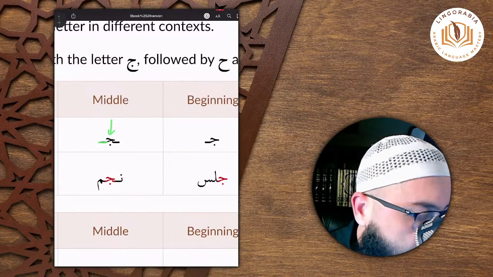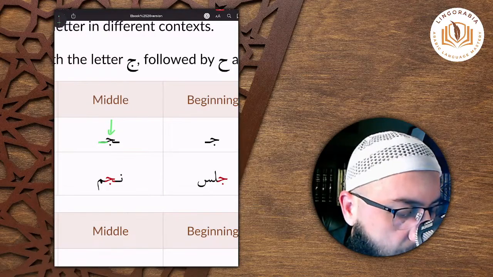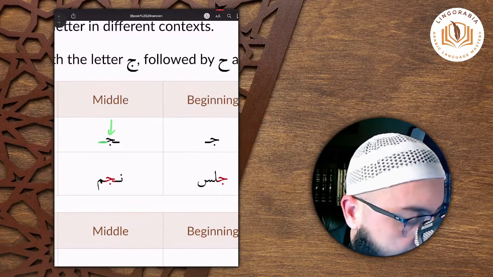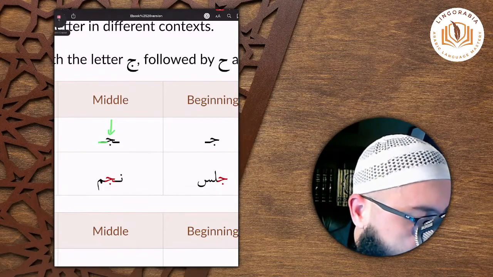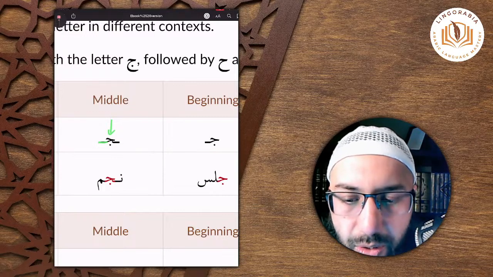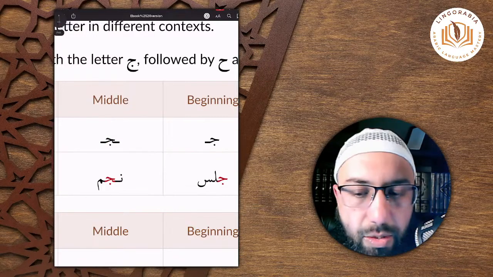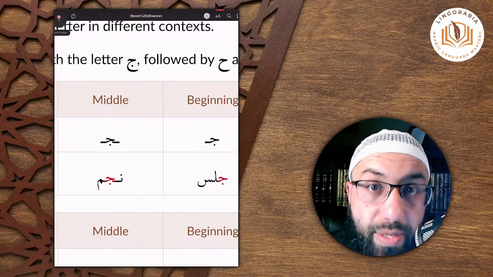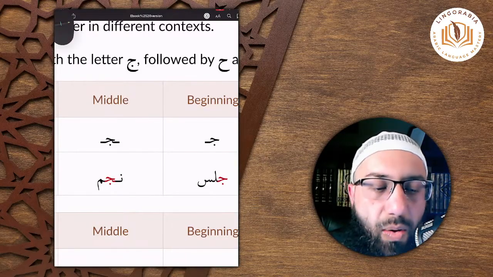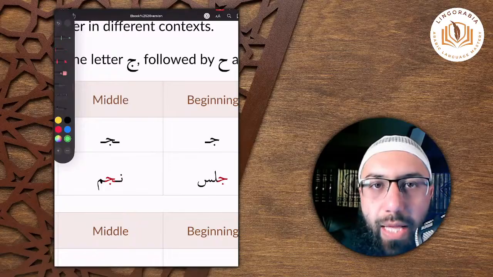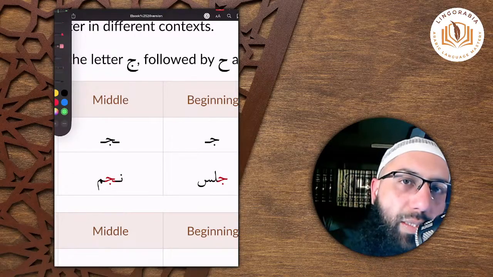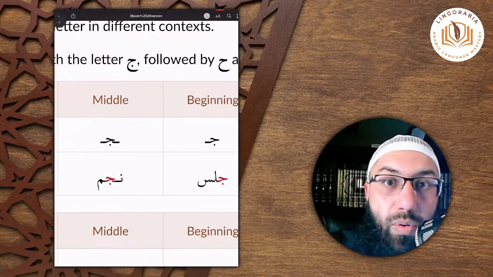And it will look like this in the middle. So it's connected again on both sides. Remember, we got only one letter now that can connect on one side with the letter before, not with the letter after.